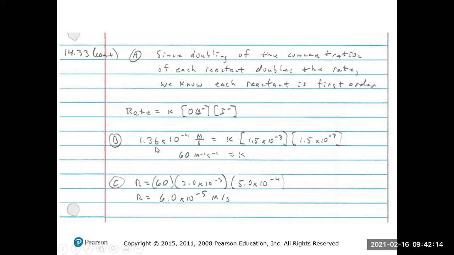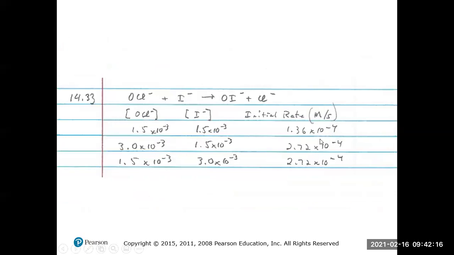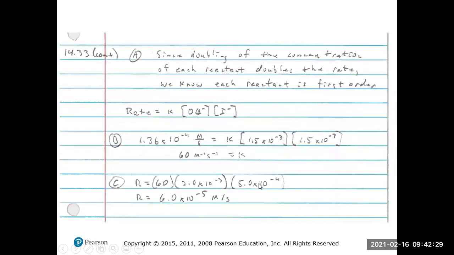In this case, I took the first one, this 1.36 × 10⁻⁴, and I took the concentrations for each of my reactants. Here it was 1.5 × 10⁻³ for both. I plugged those into my rate equation, and then I'm able to calculate what K is, and it's 60 M⁻¹s⁻¹.